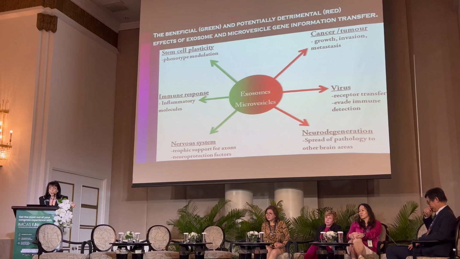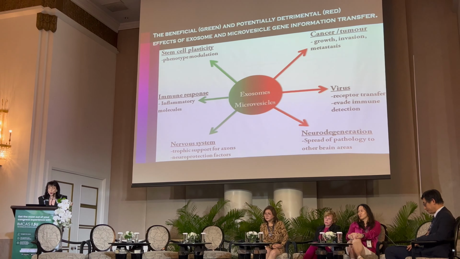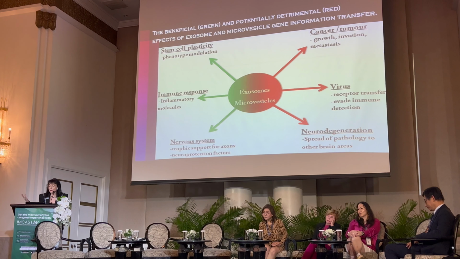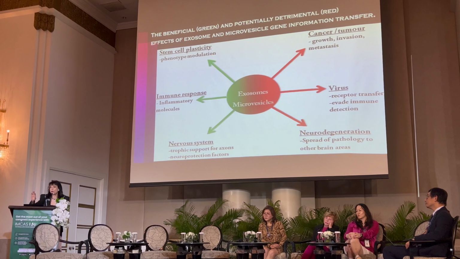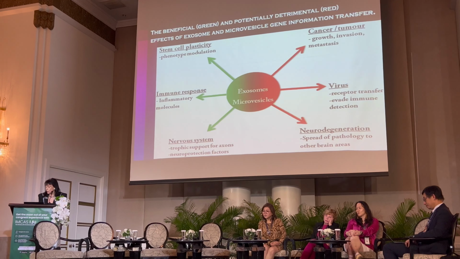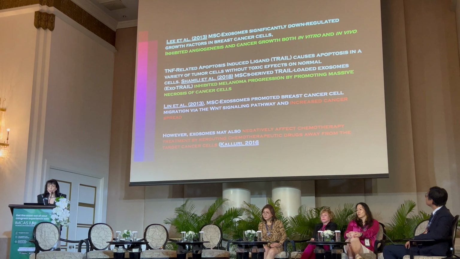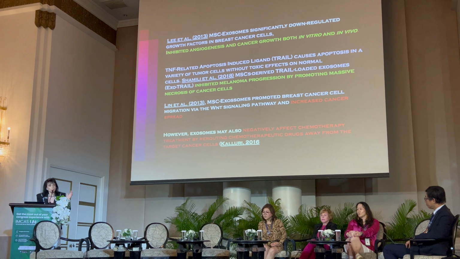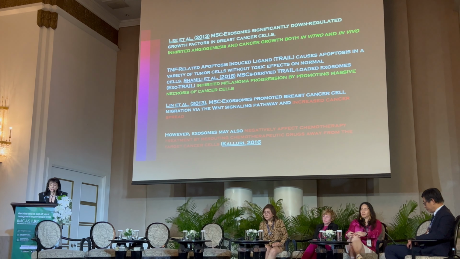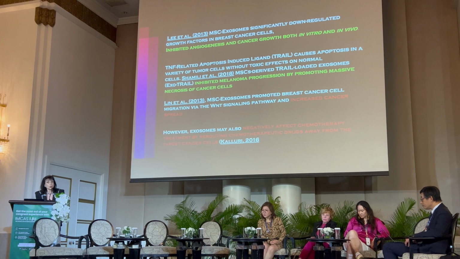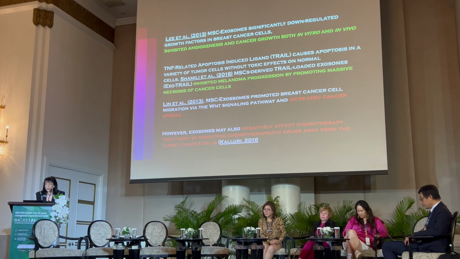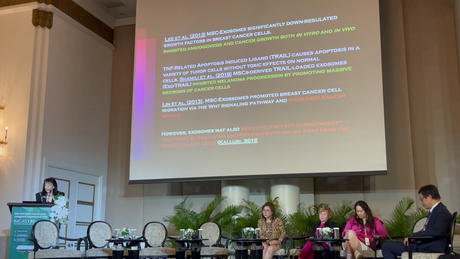Stem cell plasticity, immune response, and nervous system, they have wonderful results. However, they have enhanced viral spread, neurodegeneration, and also tumor formation. There are several investigators, like Lee et al., who found that it inhibited angiogenesis and cancer growth, so that was good for cancer patients, and also inhibited melanoma.